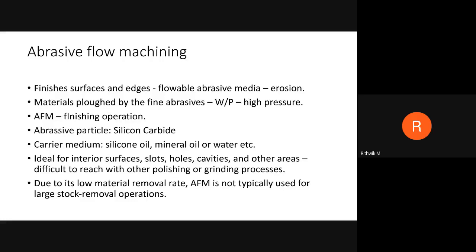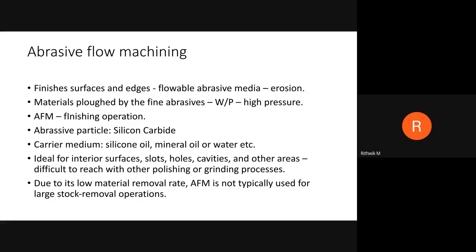Using abrasive flow machining, the main function is the finishing operation. This is mainly meant for finishing, and usual machining can also be done, but the main focus is on the finishing operation.